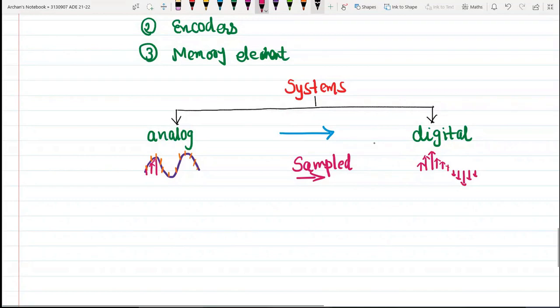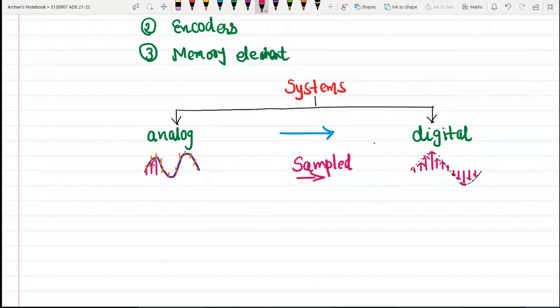So what I have done, if you look back, you will find one sinusoidal wave only in this particular case, but I have divided this sinusoidal wave into a number of samples like this. Now it becomes discrete samples, discrete signals, and this is how an analog signal is converted into a digital signal.